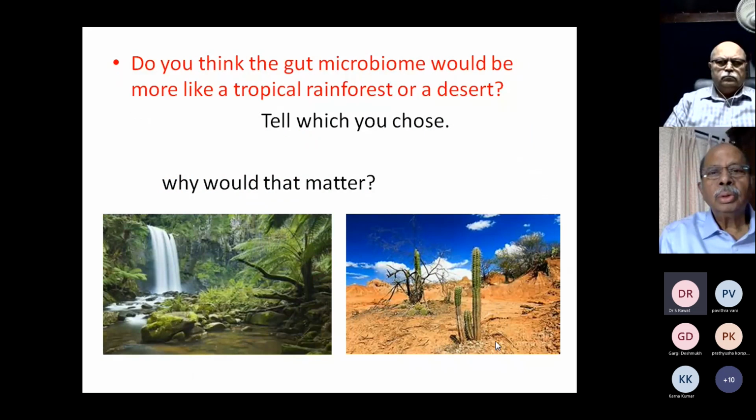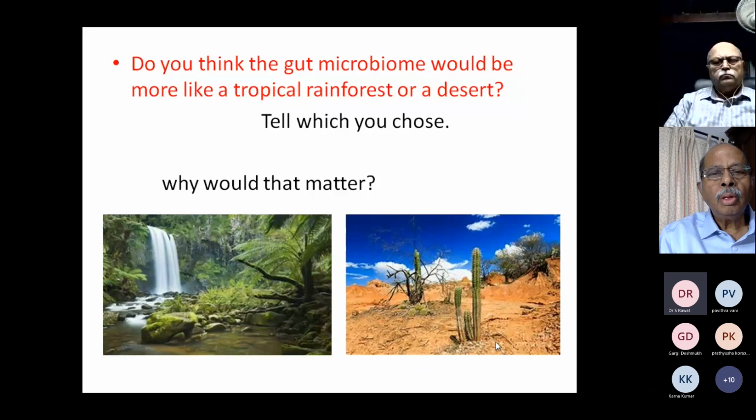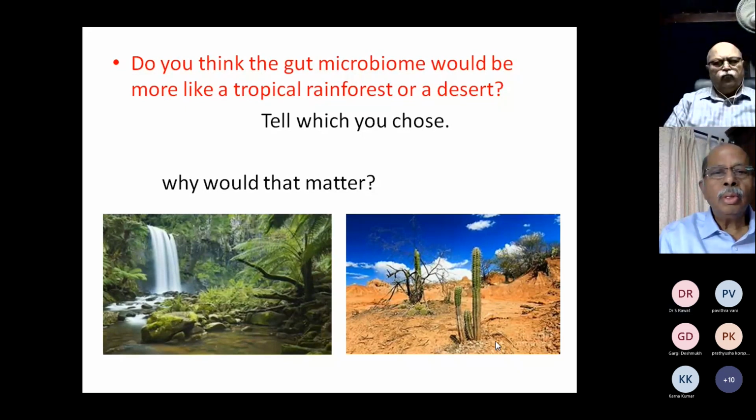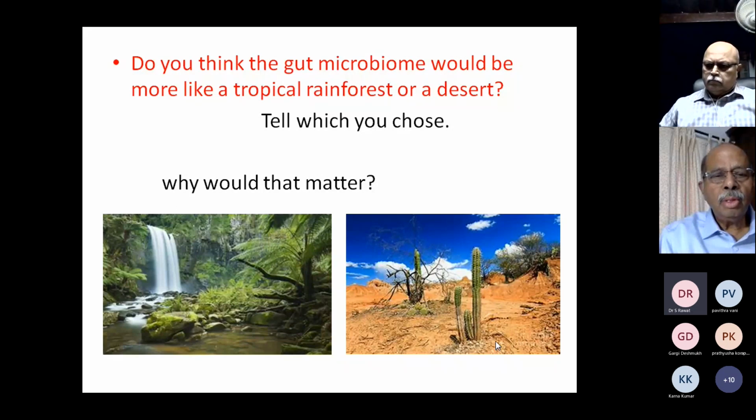So what do you think, which microbiome should be the best? If we have a picture in mind, if we try to imagine a healthy microbiome versus a diseased microbiome, what you see on the right side is a diseased microbiome. There is a predominance of certain species which are occupying and utilizing all the resources.